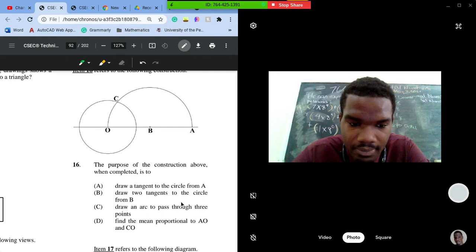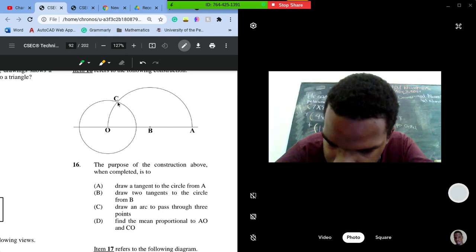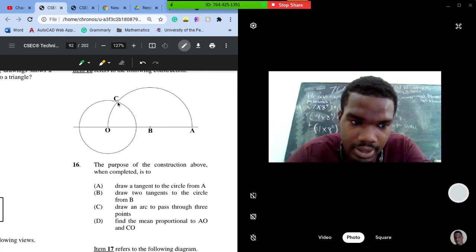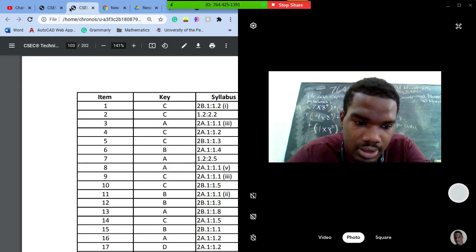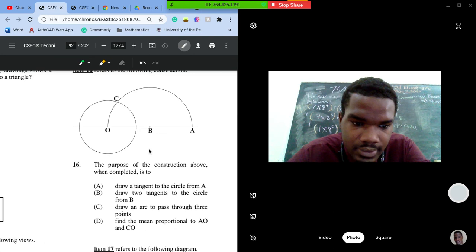Or to find the mean proportion or the average from AO to CO? Think about it. From this point, what could I do with this point? Couldn't I connect it back to C and make a tangential point? Yes, sir. Right. So 16 says A, to draw a tangent to the circle from A.